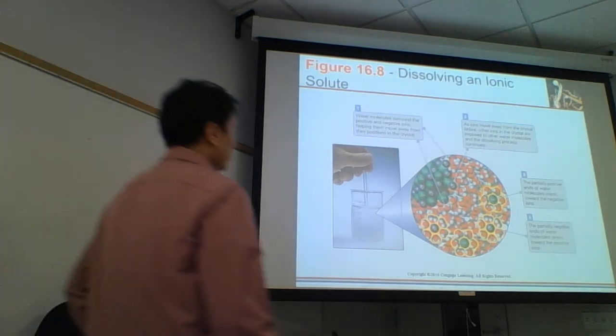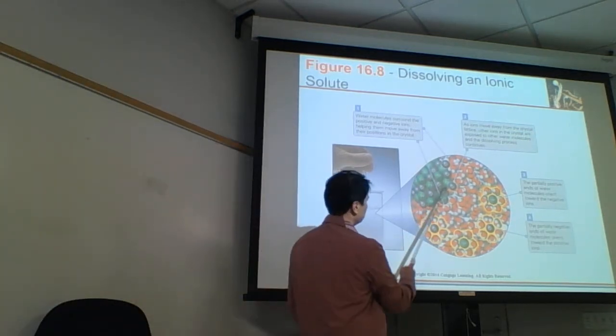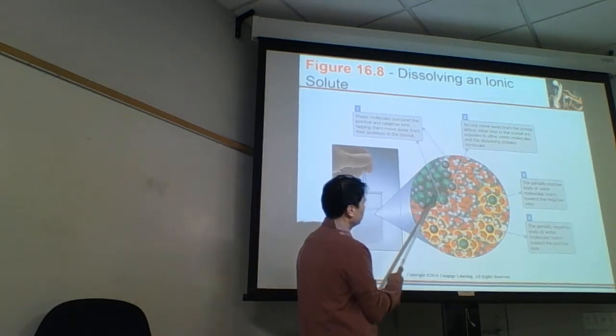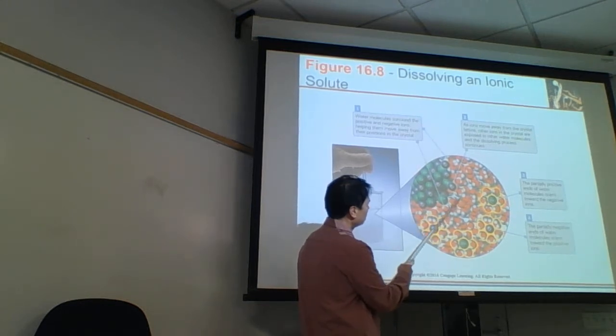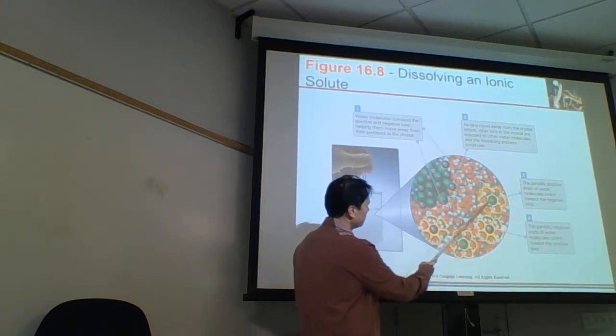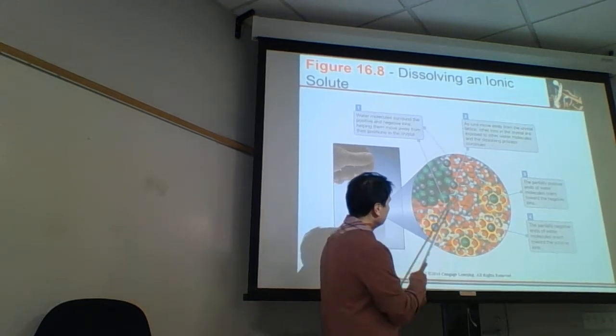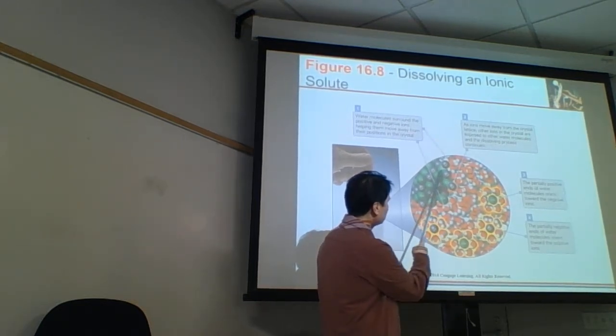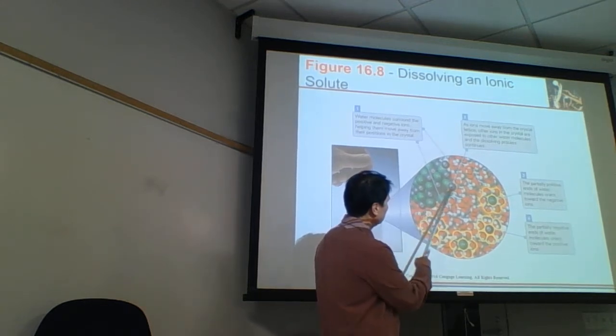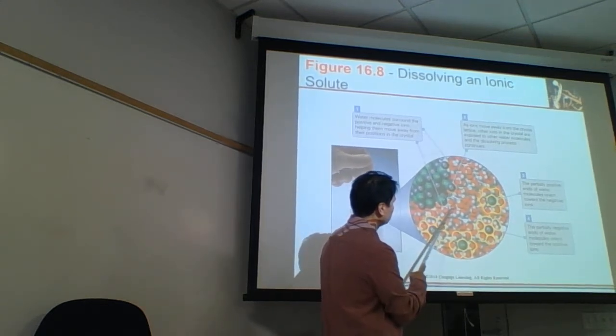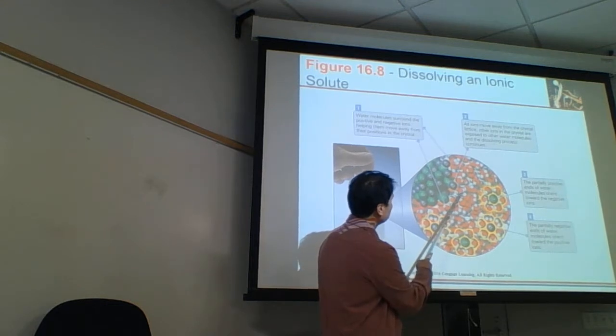What this is showing is this crystal of sodium chloride, and the water molecules, and then the solution over here. And so what has to happen is the crystal lattice has to break apart. The ions have to come off the surface. And the water molecules must make room for it.